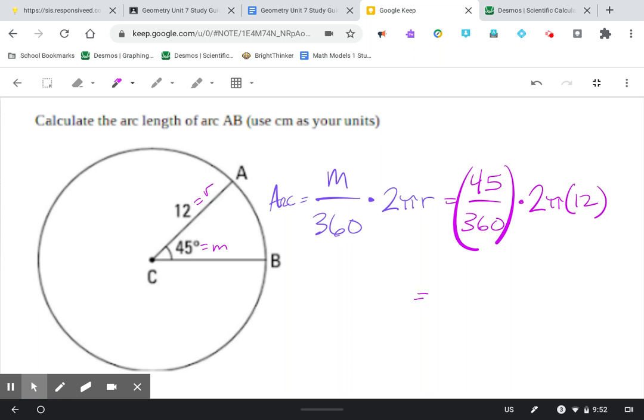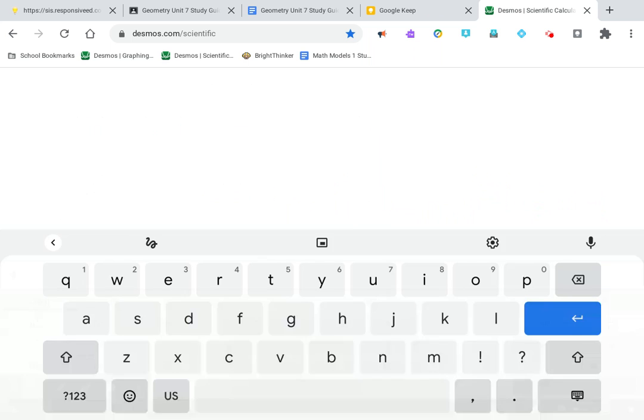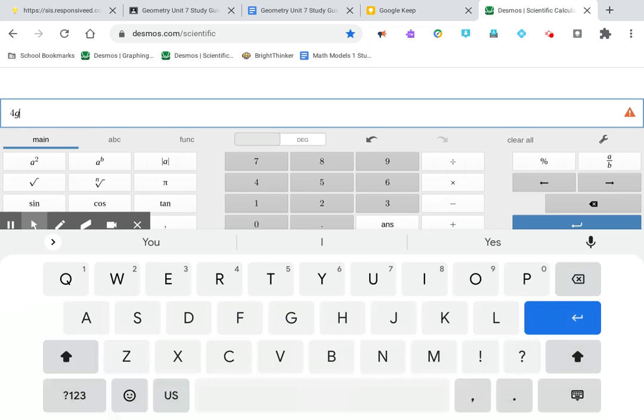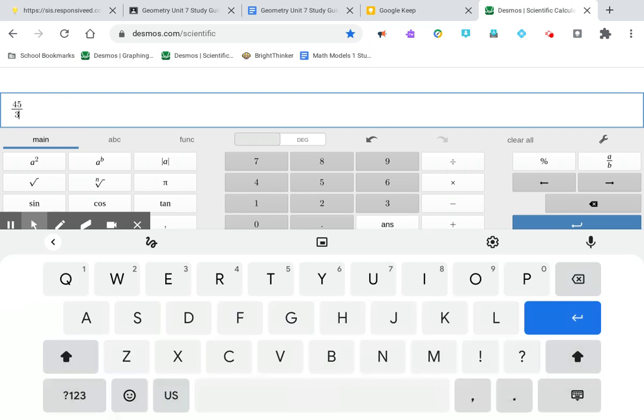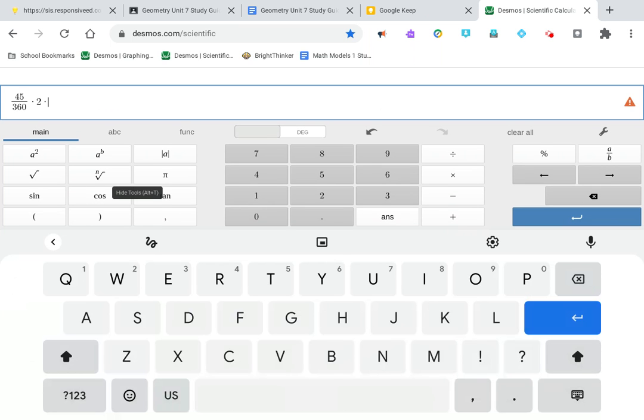So we could break this down a little bit. Let's see what 45 divided by 360 is. 45 divided by 360 times 2 times pi times 12.